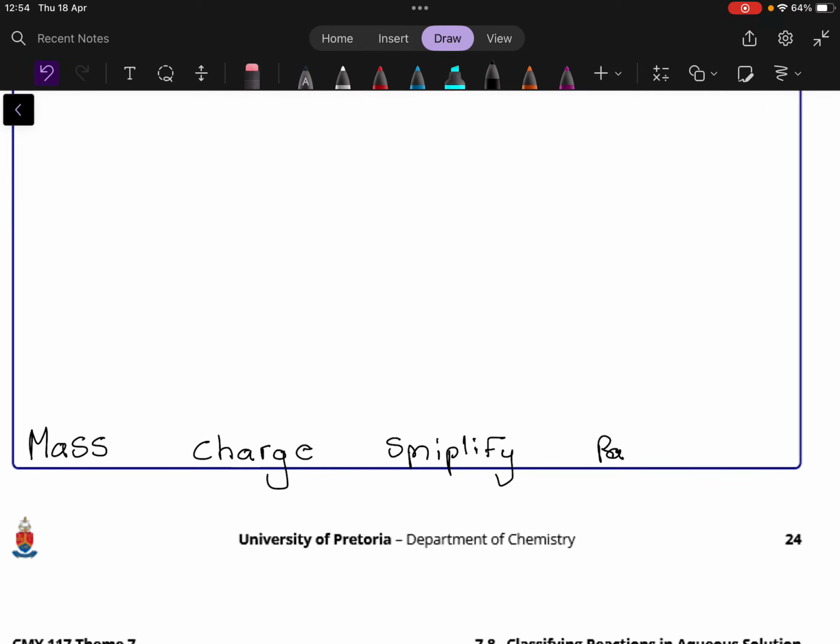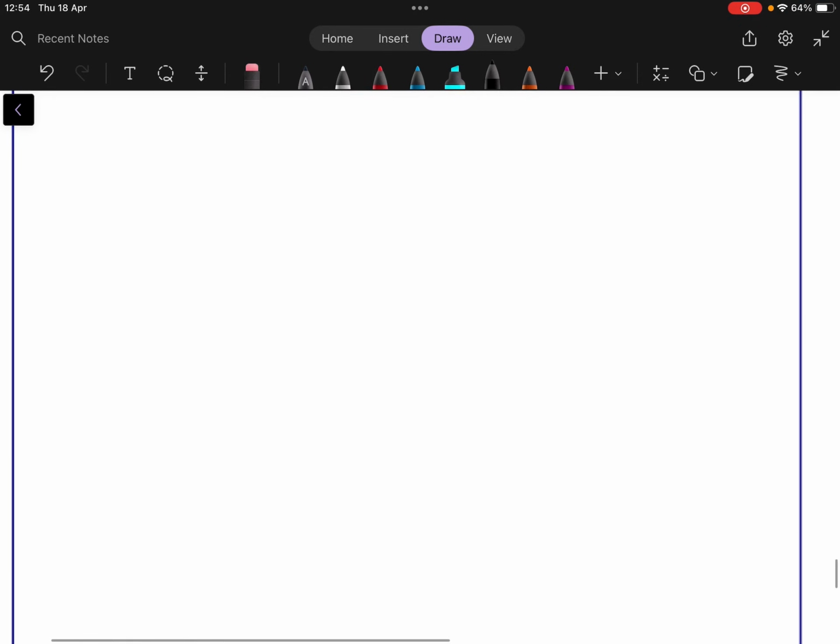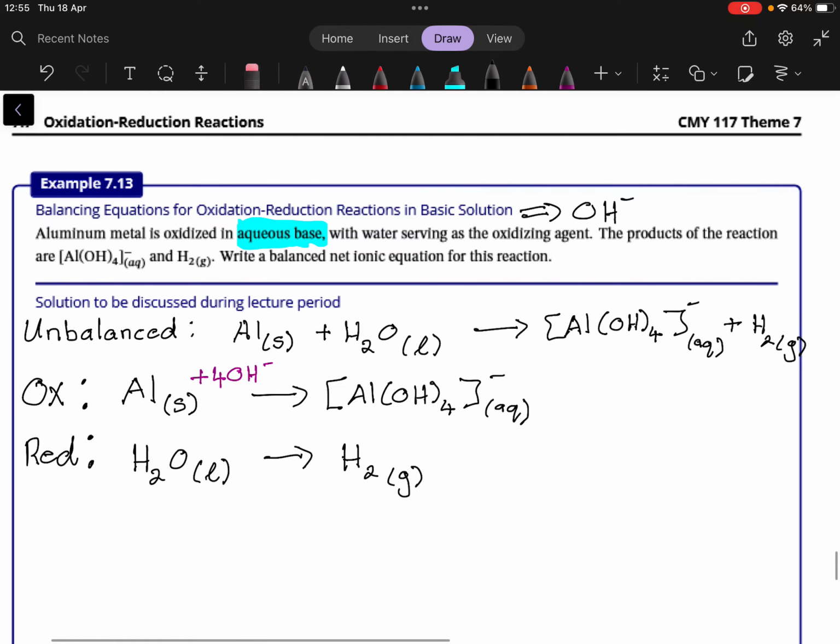Oh, goodness. Okay, so we've balanced the oxidative half reaction for mass, because we have 4 and 4, 1 aluminium, 1 aluminium. Cool. And this is of course in aqueous solution.